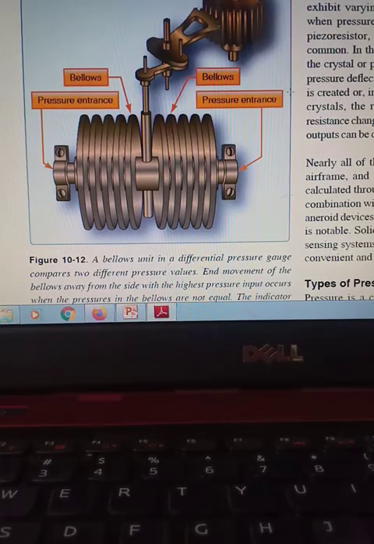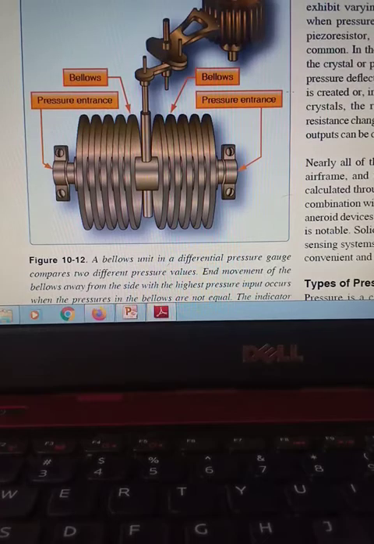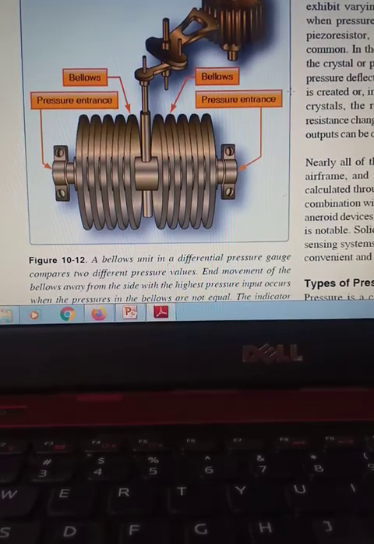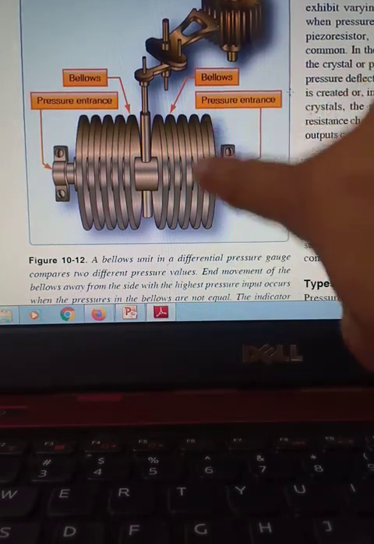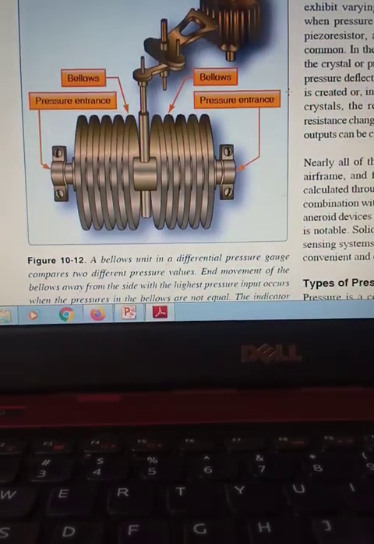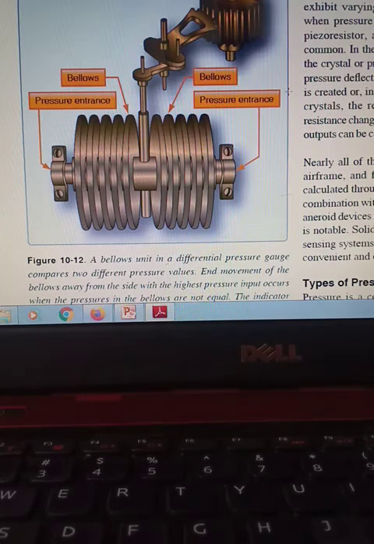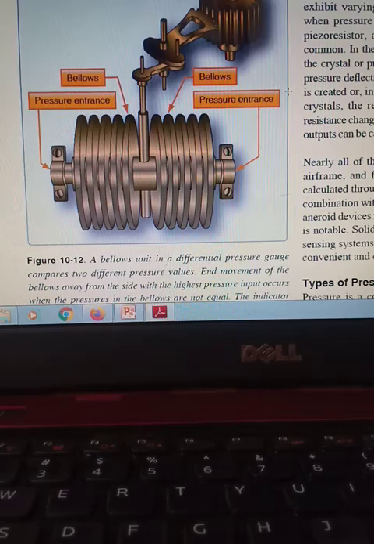It is composed of a number of diaphragms. One like this is your diaphragm, and since there are many, it is called a bellows. So what is it for? This is useful when measuring the difference in pressure between two gases, which is called differential pressure.